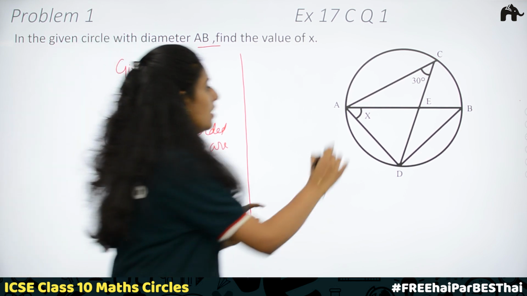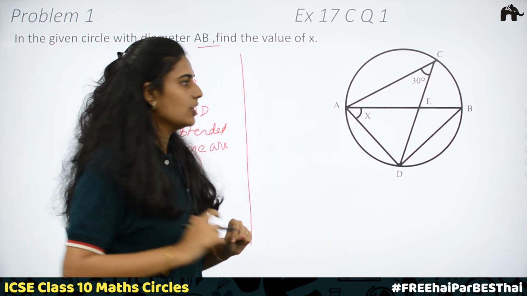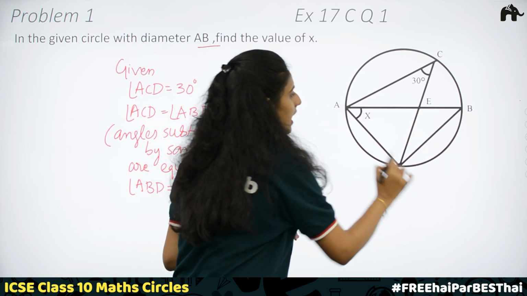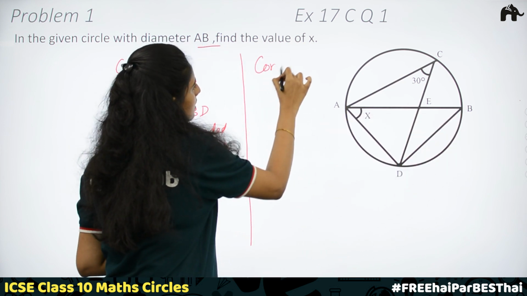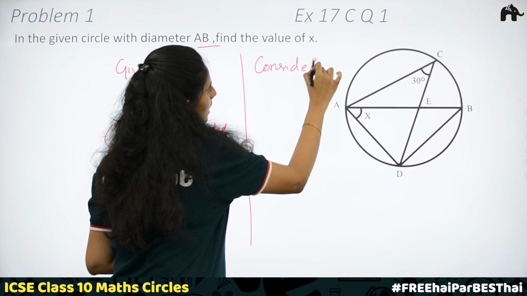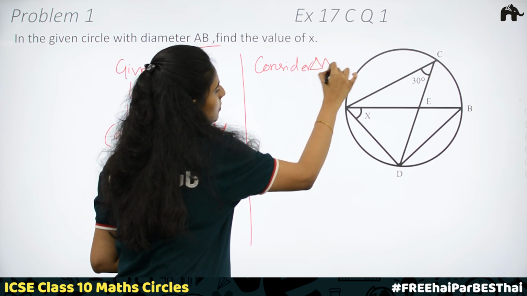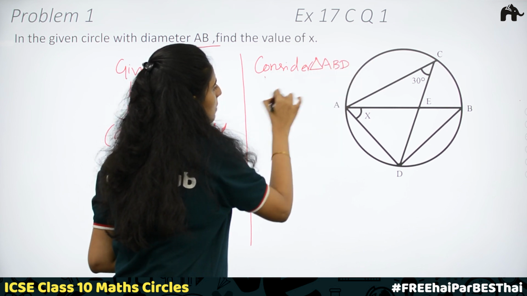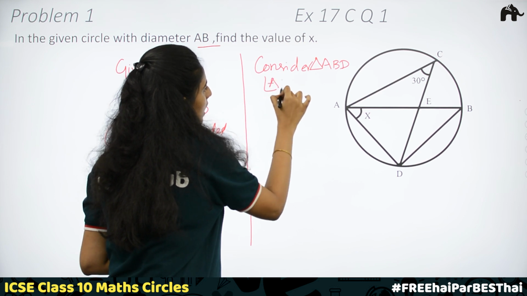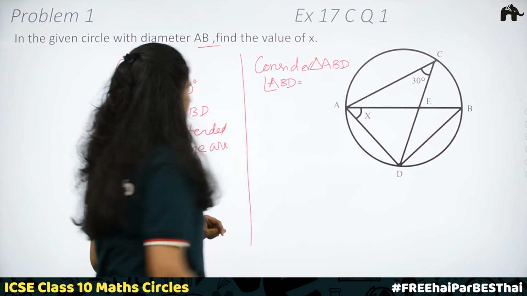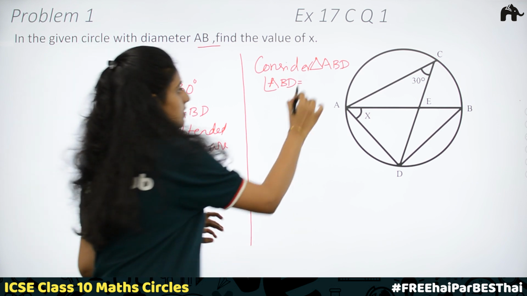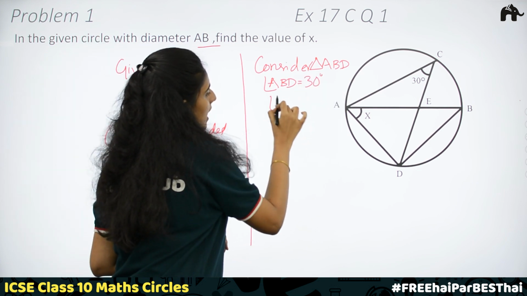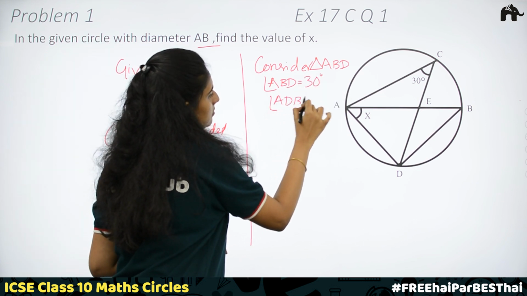Now, in order to find x, what else is required? Consider triangle ABD. We know the measure of angle ABD is equal to 30 degrees. What about angle ADB?